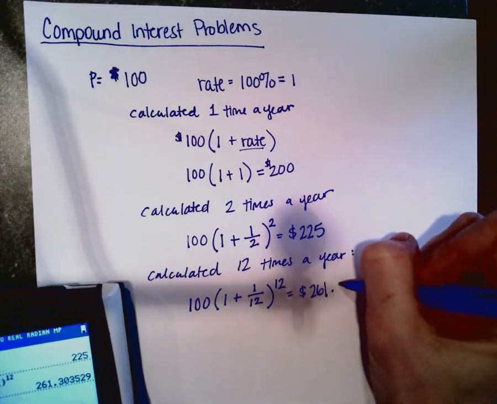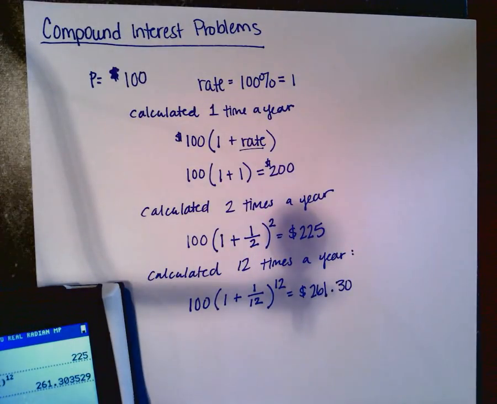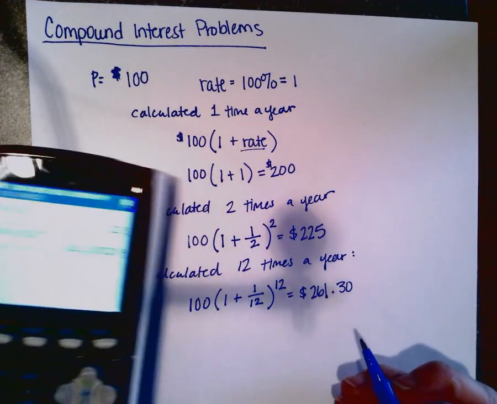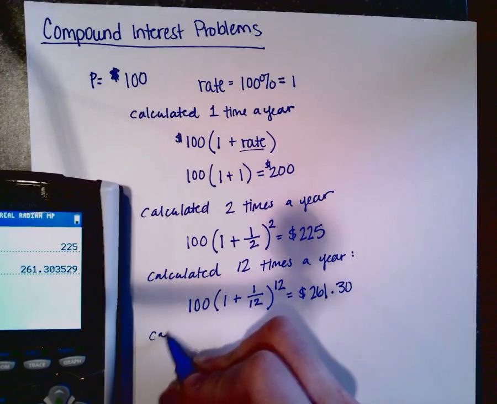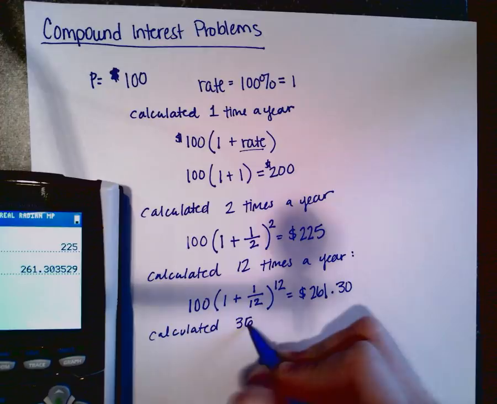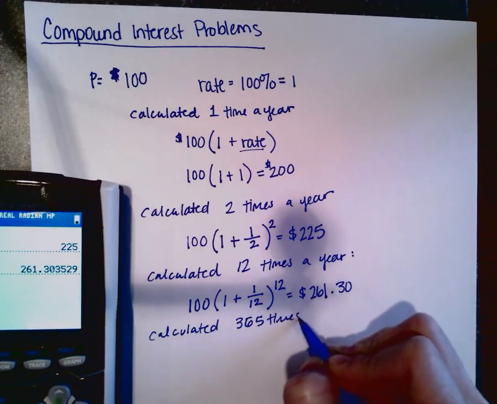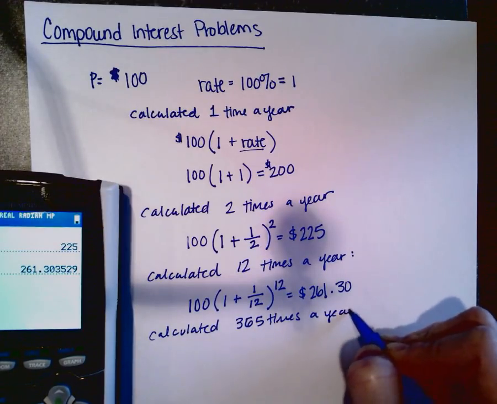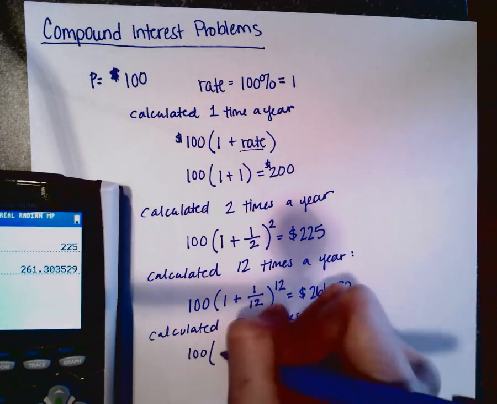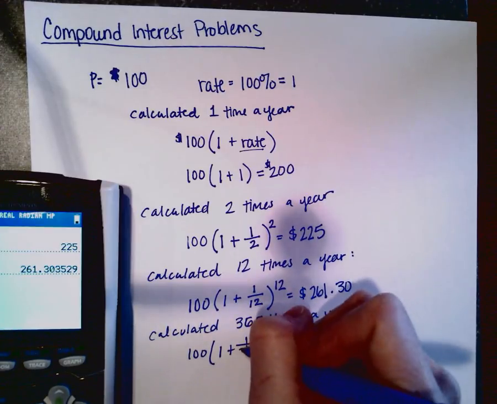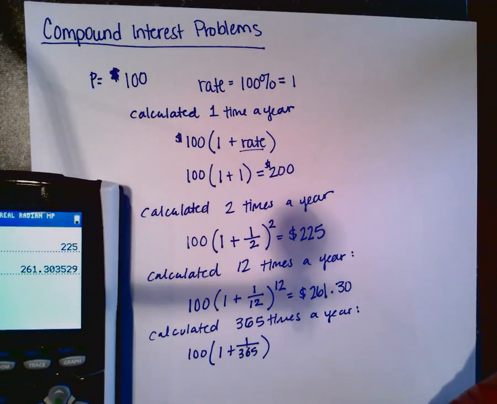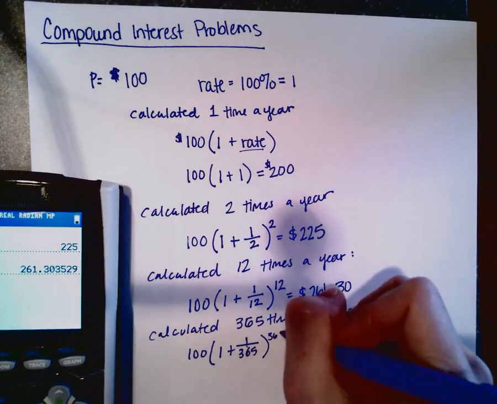Okay, let's say you get really, really lucky and you have a bank that says we will do it 365 times. Every day we'll calculate your interest and add it. So calculate it 365 times a year. We'd have 100 times 1 plus 1 over 365 raised to the 365th power.